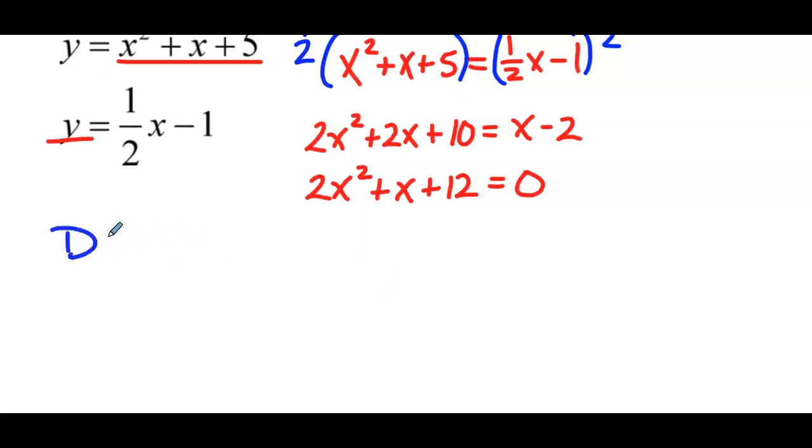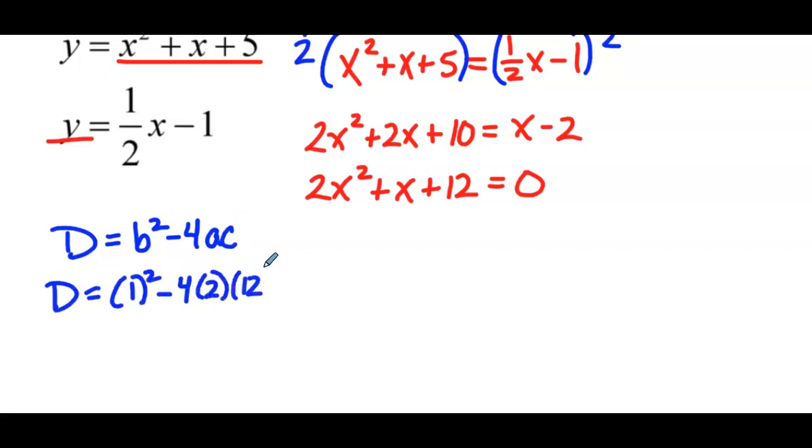The discriminant here is going to be b squared minus 4ac. So we have 1 squared minus 4 times 2 times 12. So we have 1 minus 8 times 12, which is 96, so that's negative 95. When our discriminant is negative, or not a perfect square for that matter, that tells us the quadratic is not factorable.